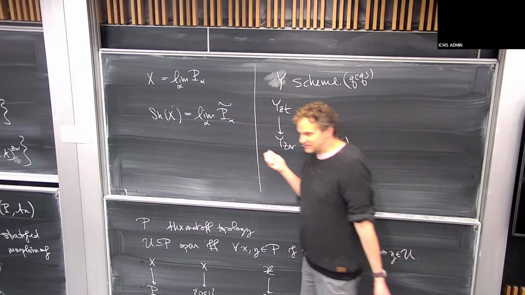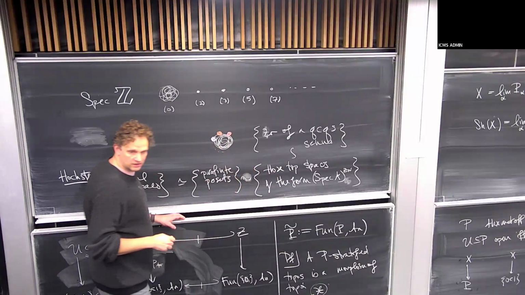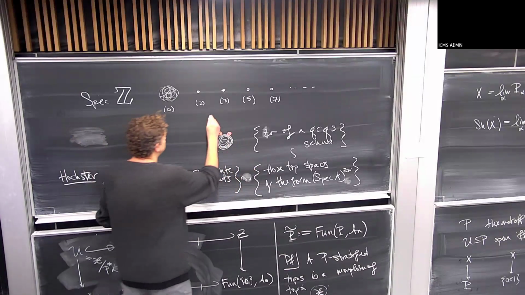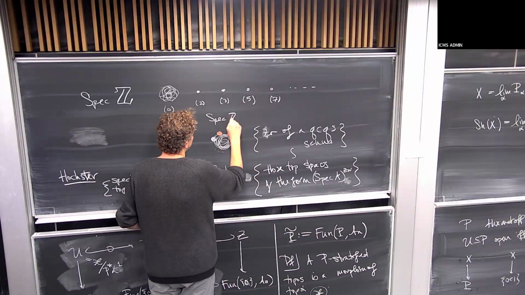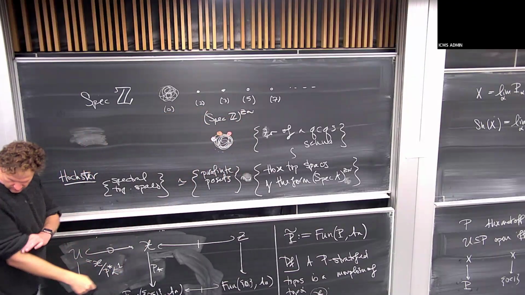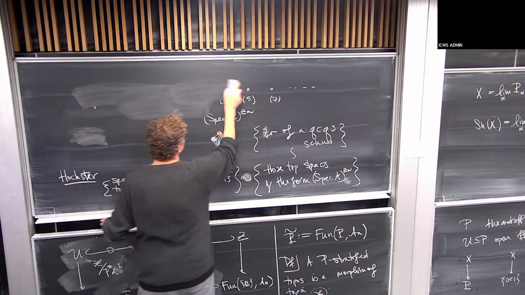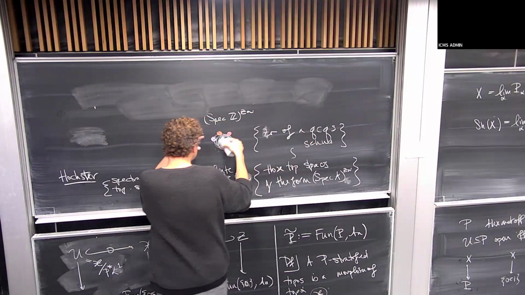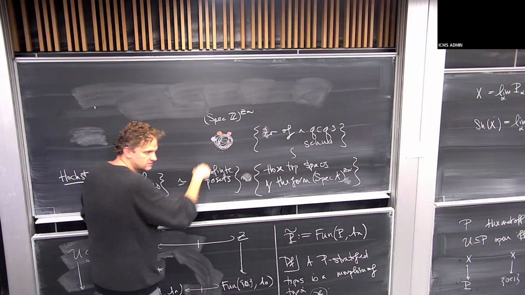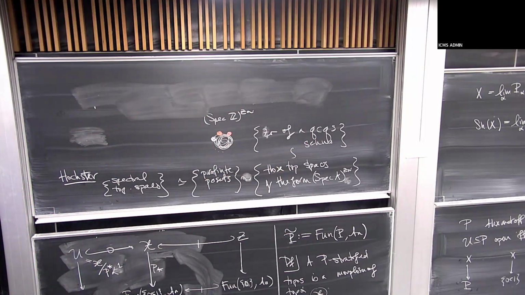So now we get to ask a fun question, which is, well, here's Spec Z Zariski. That's what it looks like. I'm going to erase the older fashioned picture. Right, it's a poset, but it's sort of profinite because of this business that I can only keep finitely many of these and focus them.